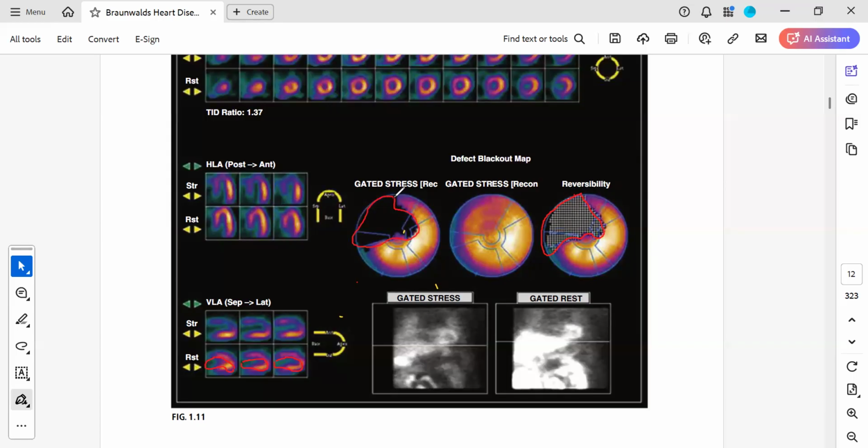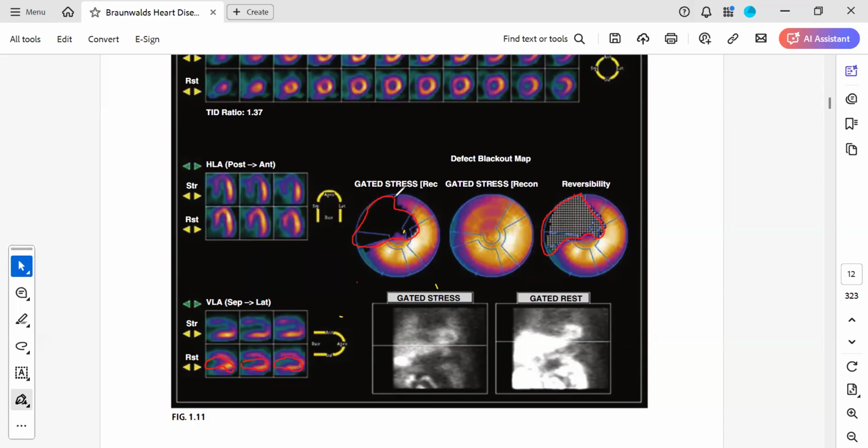And areas during stress that don't meet the threshold for abnormal perfusion are marked with X hatching. And this X hatching is indicative of reversibility.